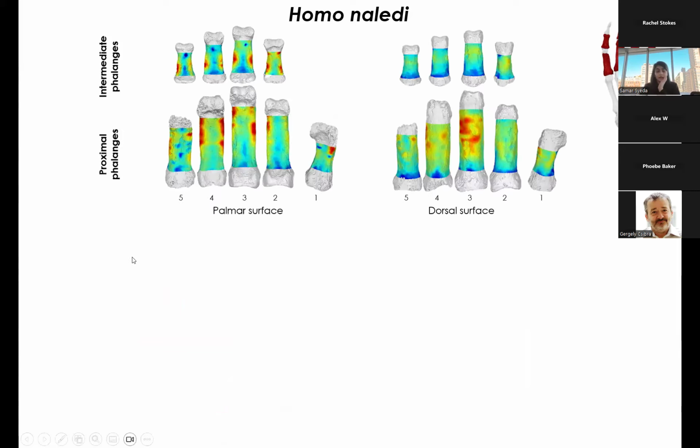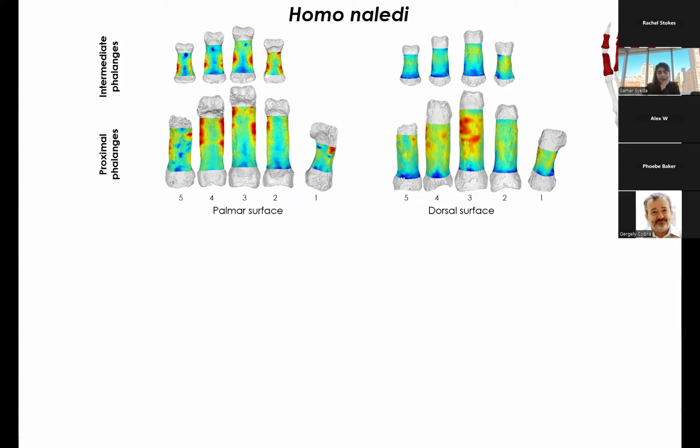Right, moving on to Homo naledi. Homo naledi is also another one of the complete fossils that we have, and here we really do see a mixture of patterns more strongly than any of the other fossil hominins, where the palmar signal is quite clear and apparent in the intermediate phalanges and in the proximal phalanges, but the proximal phalanges also show this really strong dorsal pattern, which is something that we haven't observed before, in any of the extant sample or in any of the fossil samples.